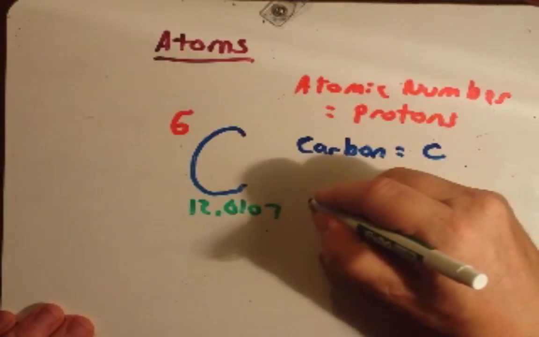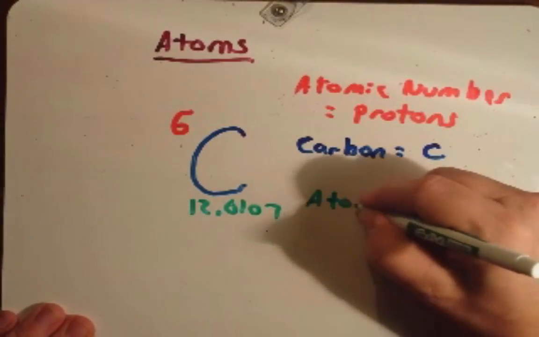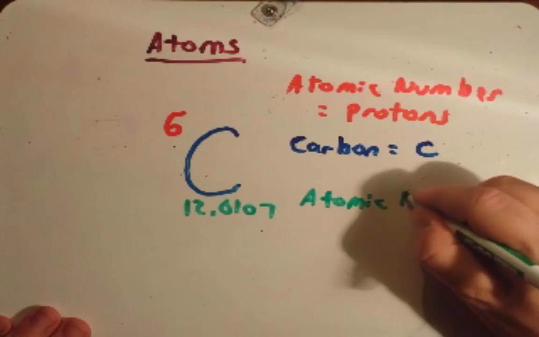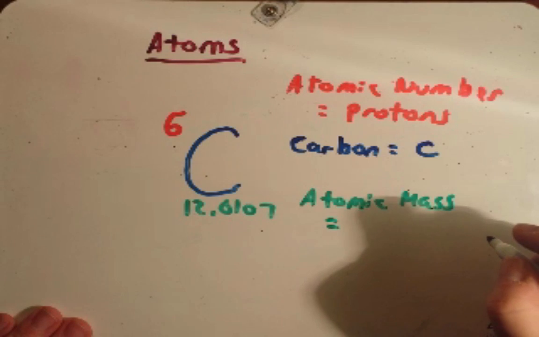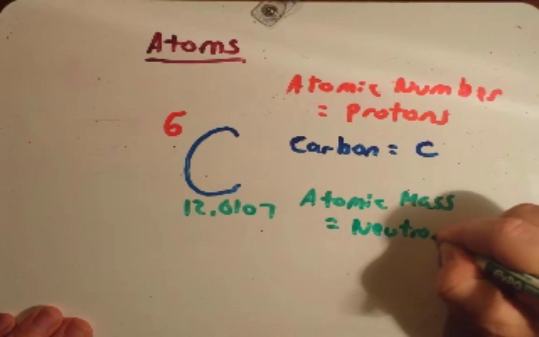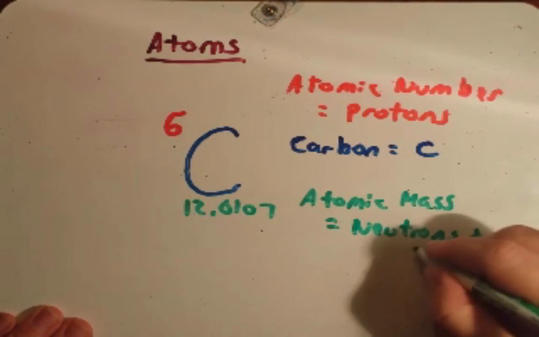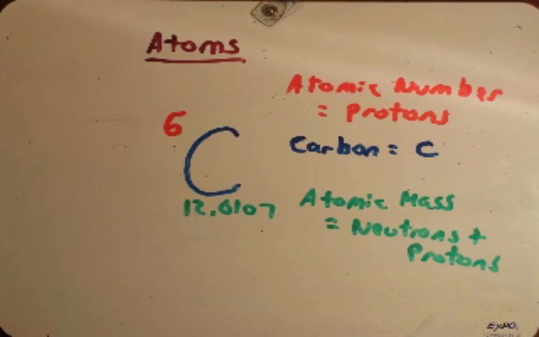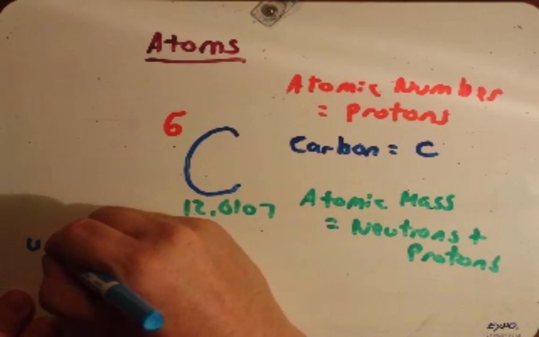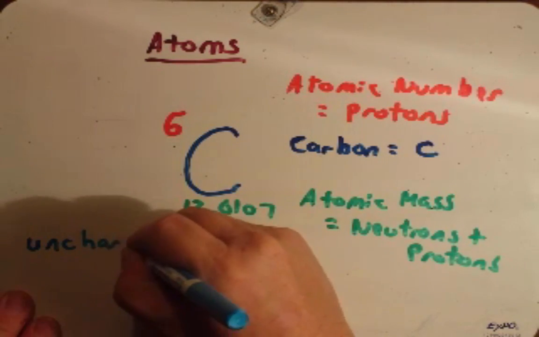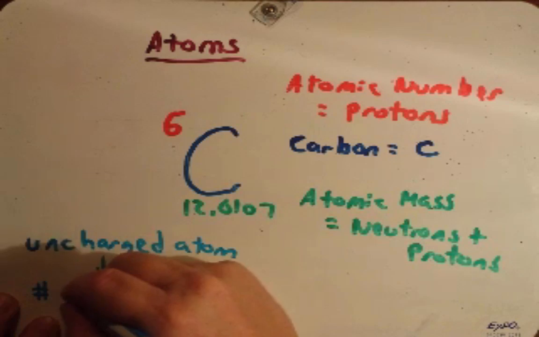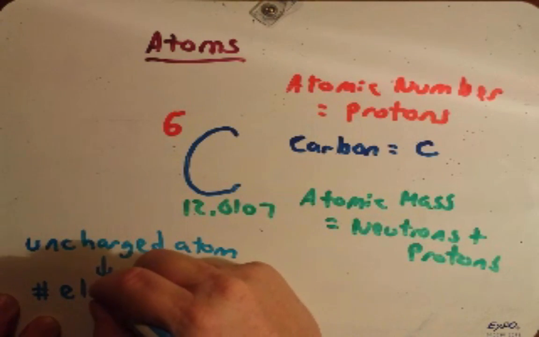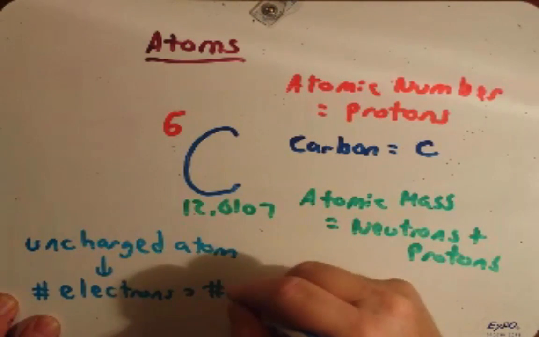And this is the atomic mass. And this is equal to the number of neutrons plus protons. Another thing I want to write down here, it's an important thing to know, an uncharged atom is when the number of electrons equals the number of protons.